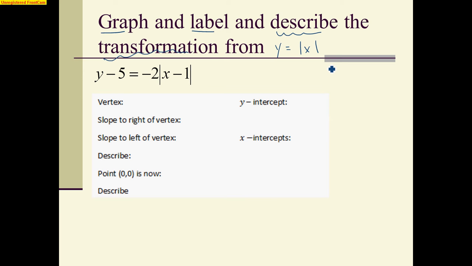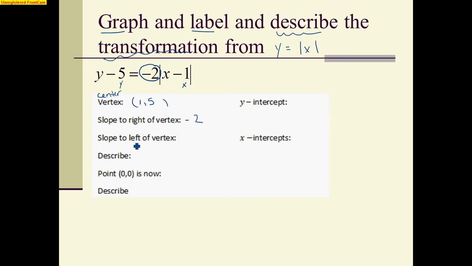Here's our first example. The vertex is my center point. There's the x-coordinate, there's the y-coordinate, 1, 5. The slope to the right of the vertex is the slope you see in the equation.